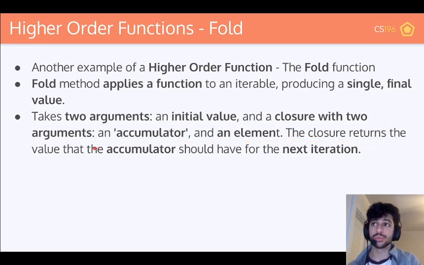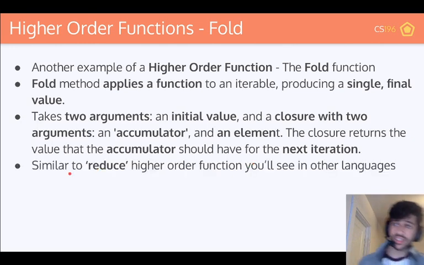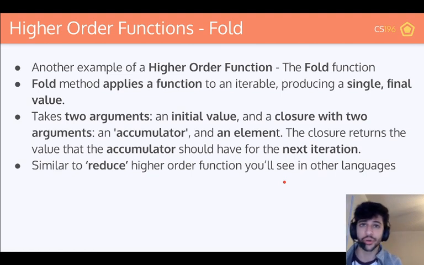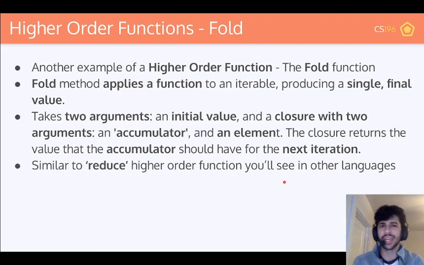The closure will return the value that the accumulator should have for the next iteration. This is similar to the reduce higher order function in other languages. Fold is the name that Rust gives it, but in other languages this is known as reduce.